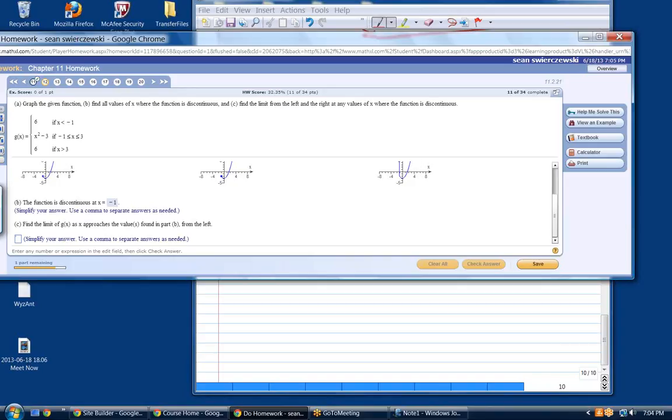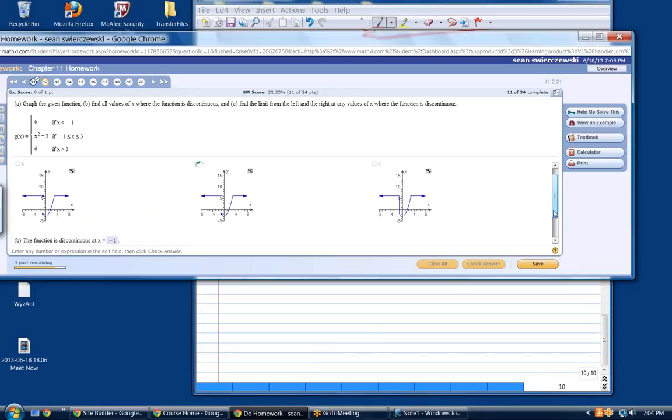So as we approach -1 from the left, what are we approaching on the vertical axis? I can't see the graph anymore. I think it's just 6, right? Yes, it is.